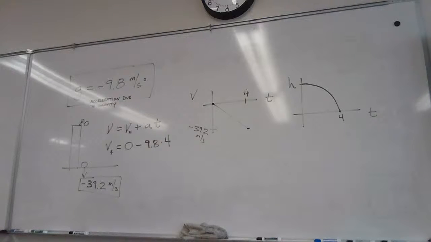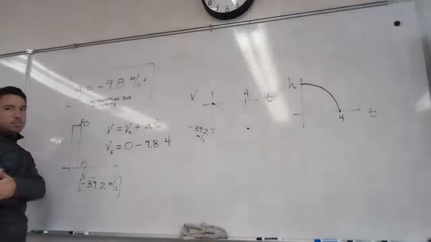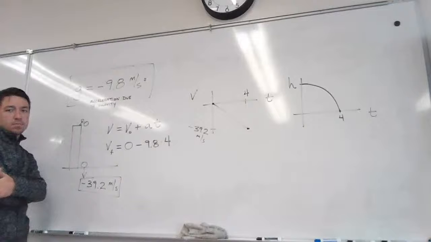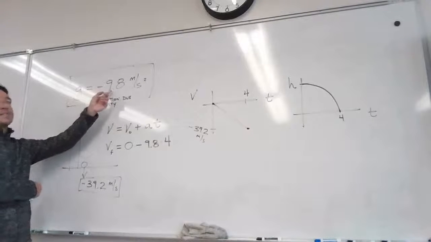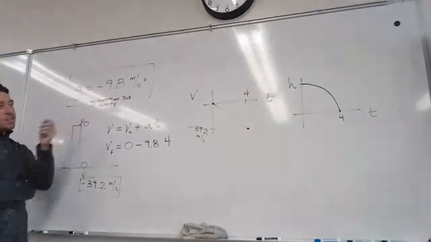By the way, could you figure out how tall the building is using the same concept we talked about before? Yeah, roughly how tall is the building? Pretend this number was 10. I'll say 40.